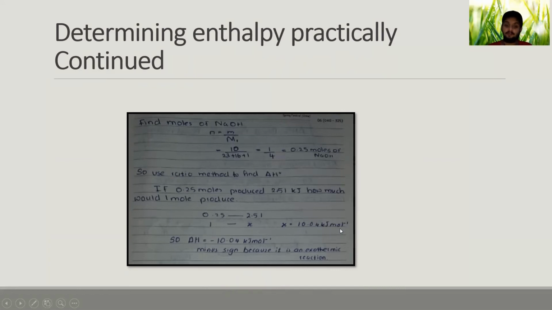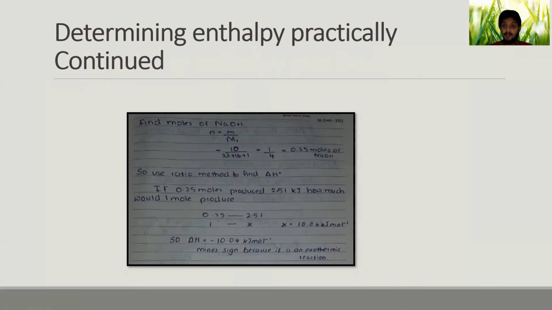Now you will get a positive value, but we know from the theory that if the energy is being given out to the surroundings, or the final temperature is greater than the initial temperature, that means it is an exothermic reaction.